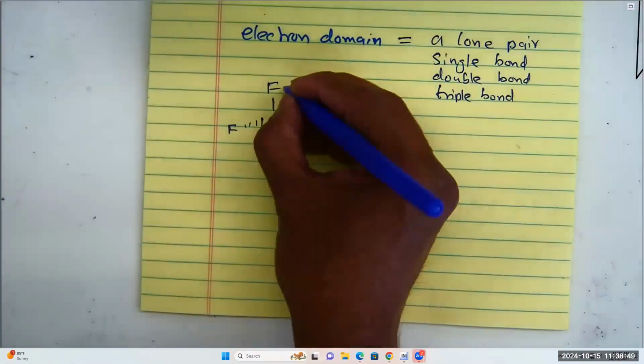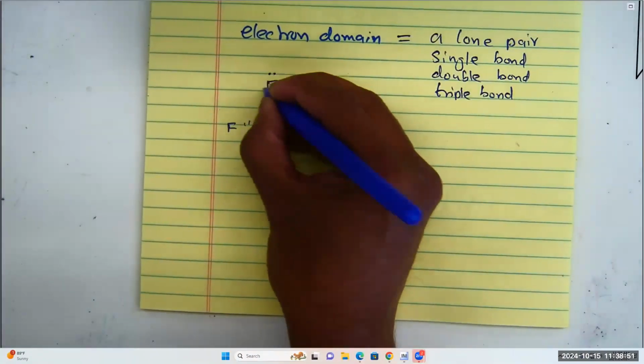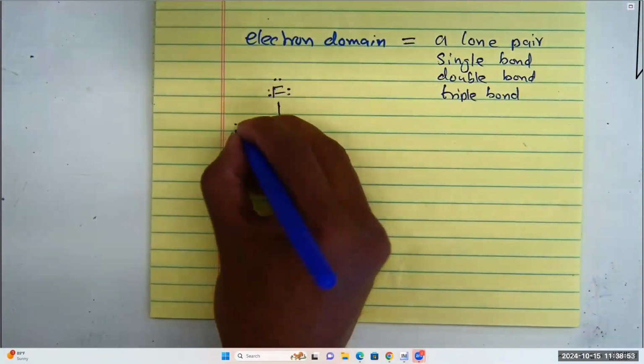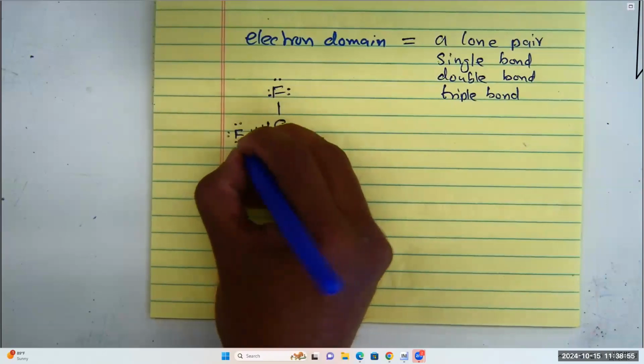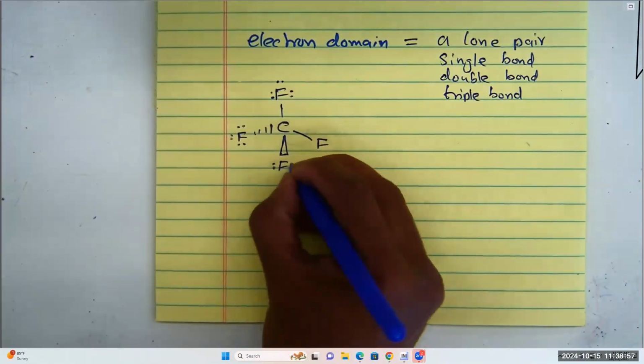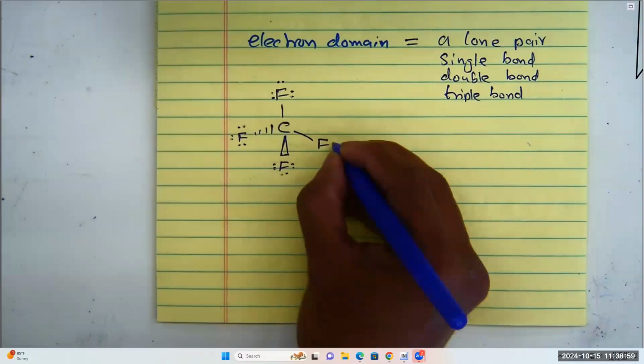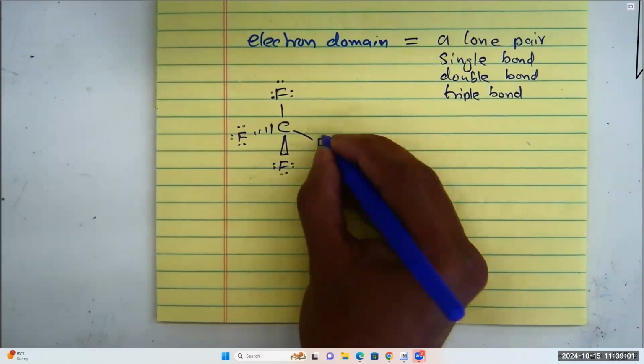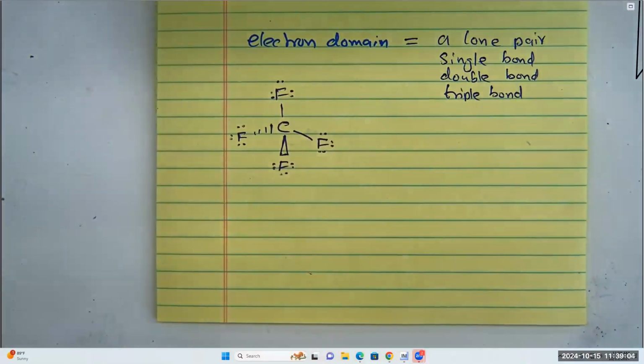Okay, and then each of these fluorine has three lone pairs. Great. All right. What questions, concerns, comments do we have? Anything? Any questions, concerns, comments?